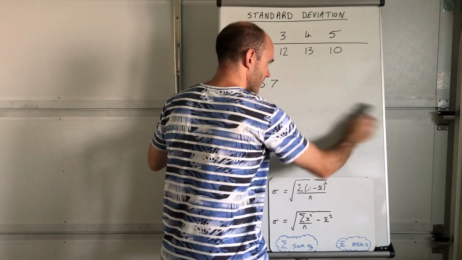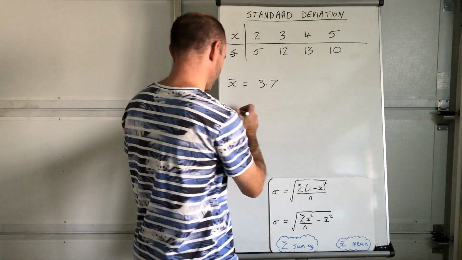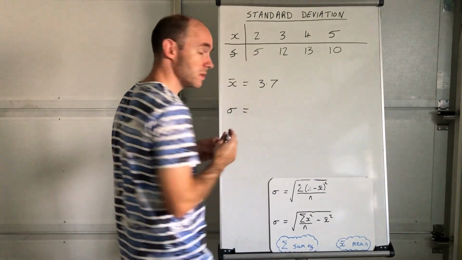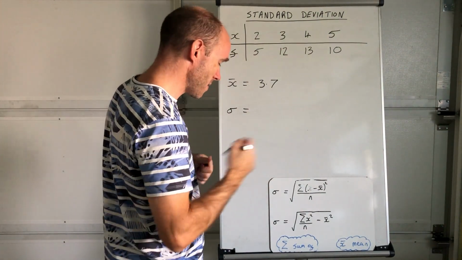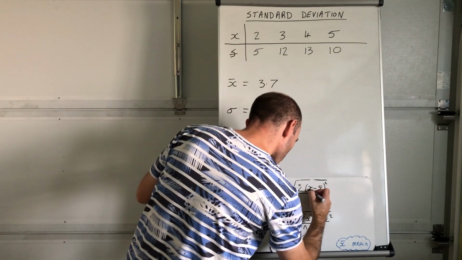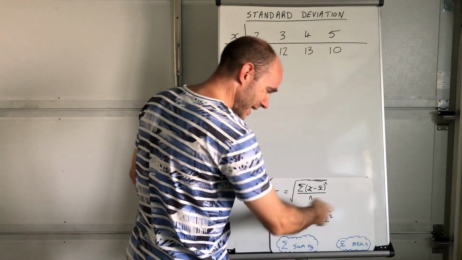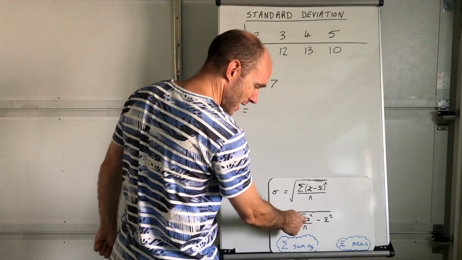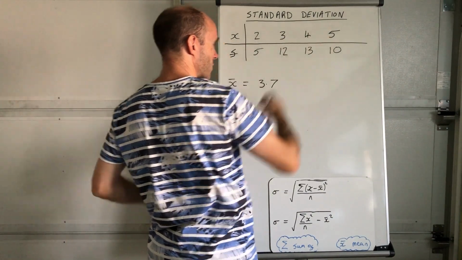Now, the standard deviation, we do exactly the same sort of thing as what we do with finding the mean. That is, we've got to take into account the frequencies. If you remember on this formula here, we squared the x values. We're going to do the same again. So we're going to do 2 squared, 3 squared, 4 squared, 5 squared.